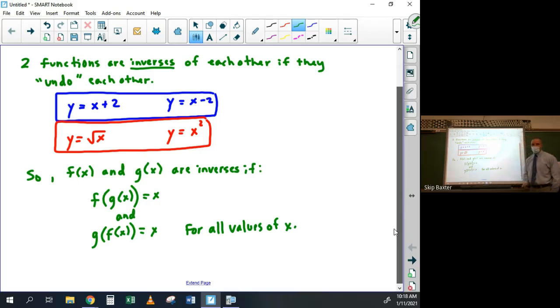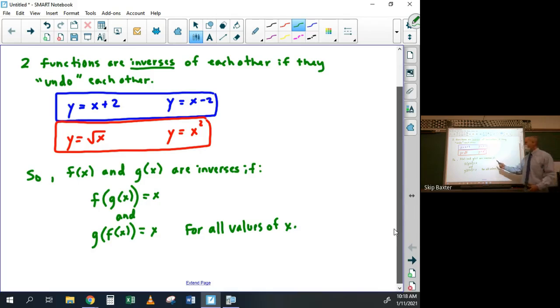So this is just saying if you compose the two functions, if you do one and then you take that result and you do the other one, you get exactly what you started with. That's what this is saying, mathematically, in terms of mathematical symbols, right? It's saying if you do g to this x value, and then you take that result and you do f to it, you get the x value you started with. And this is the same thing, but in the opposite order. So they undo each other.